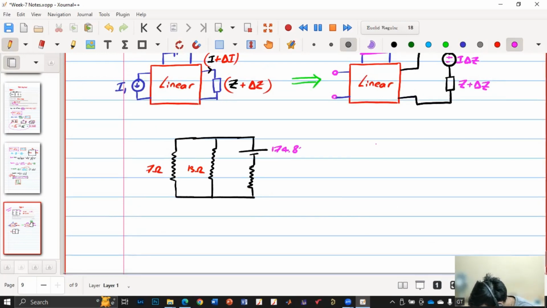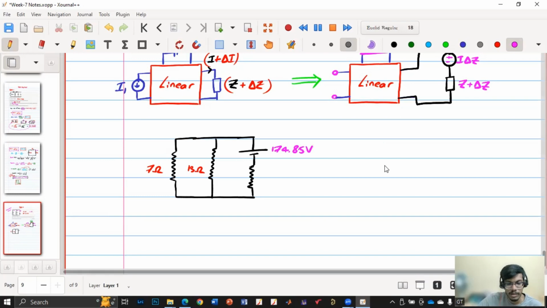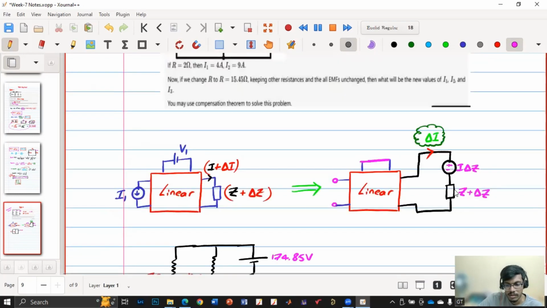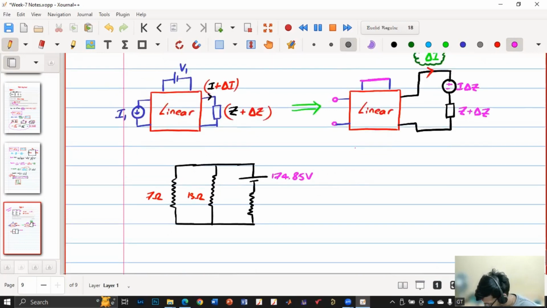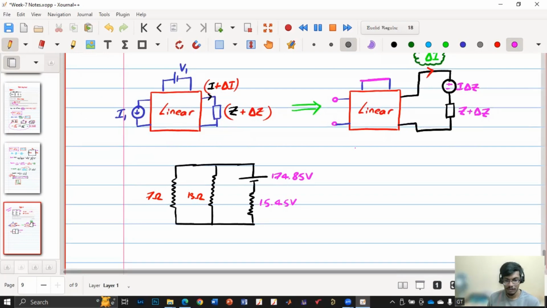Thank you. And what will be the value of this impedance? 15.45. Okay, yes. So we have redrawn our circuit so that our main intention is to find the currents.